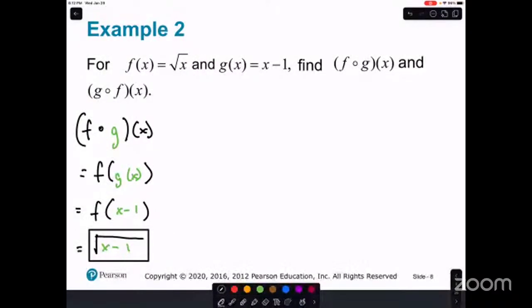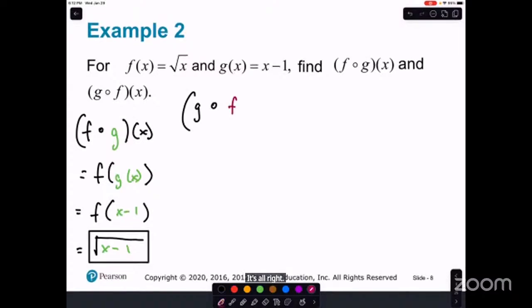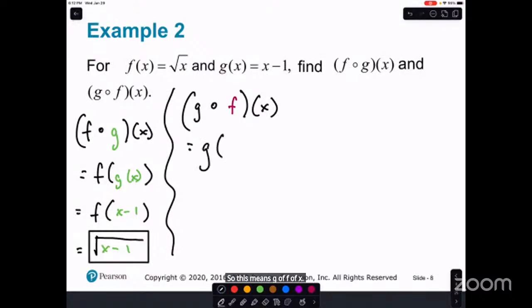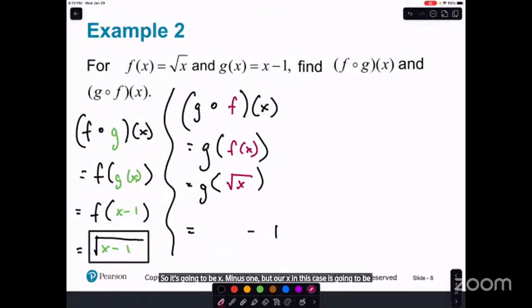Okay, so let's do G of f of x. This means G of f of x. So f of x in this case is the square root of x. So it's going to be x minus 1, but our x in this case is going to be the square root of x.